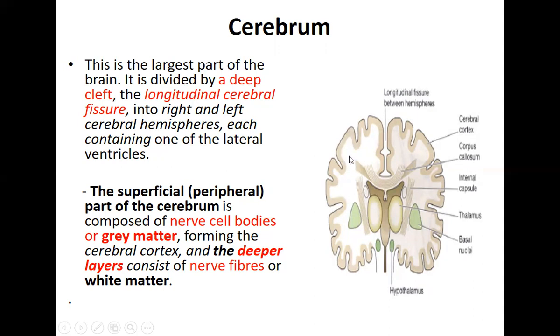So where the axons are present, it is whitish in color, and that is called the cerebral medulla. The cerebral cortex is made up of the cell bodies of neurons, and the cerebral medulla is made up of the nerve fibers. They look white, as the name indicates. This is white matter and this is gray matter, because the myelin sheath gives it a whitish color.